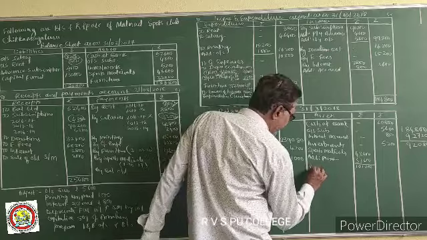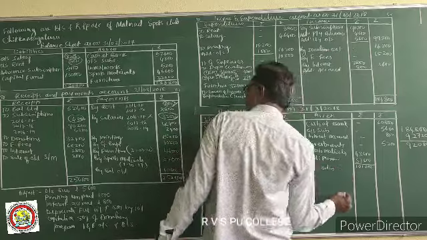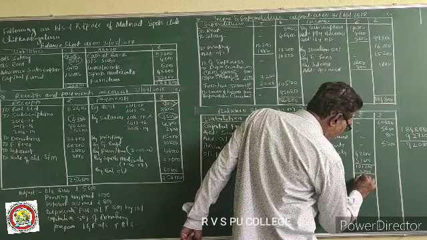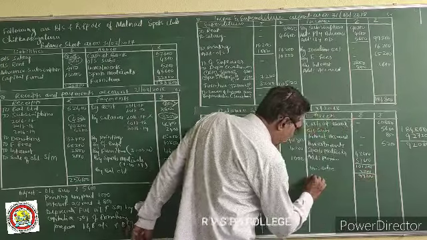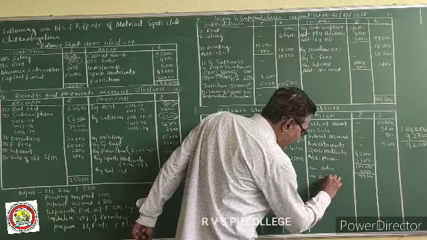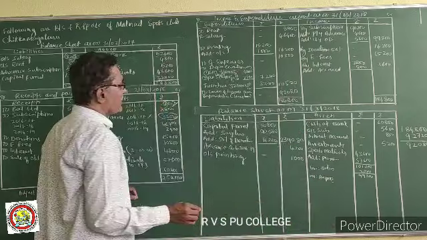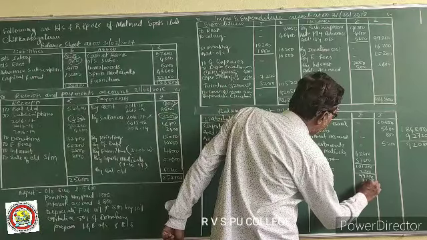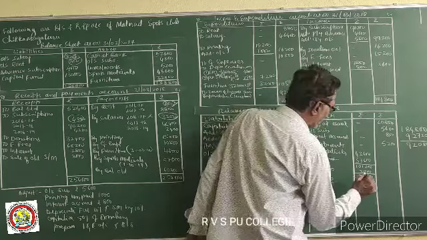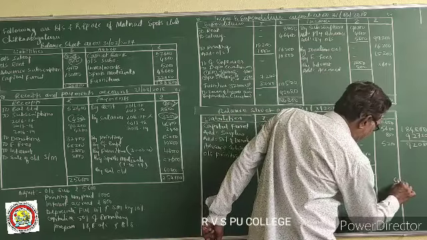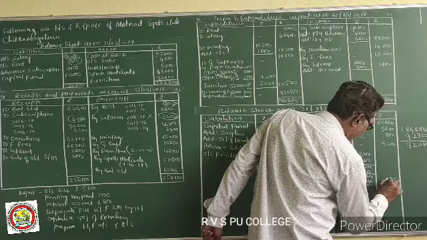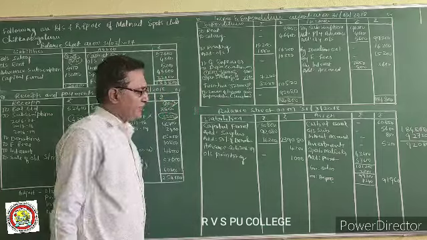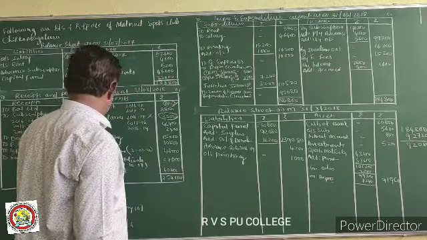Less sales, 2,000. So 99,200 less depreciation. Overall depreciation, just we found out 7,240. So 91,960.